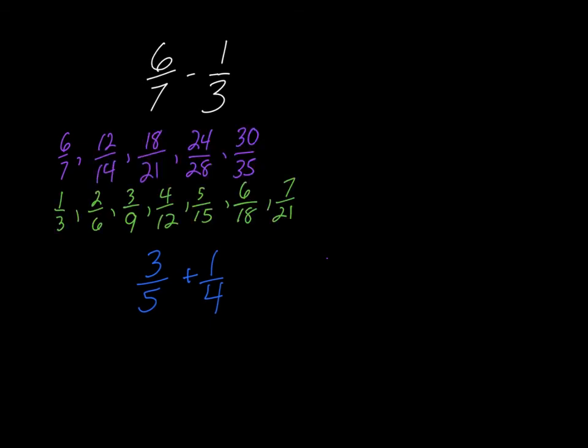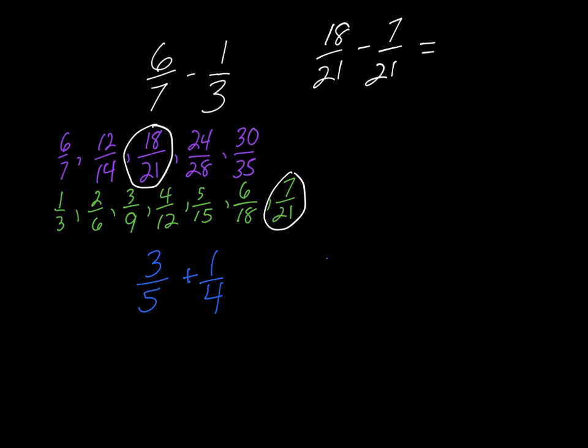I took the liberty to go ahead and finish my list, and you can see we finally got ourselves a common denominator with 18/21 minus 7/21. Now that our bottom numbers are the same, or we have common denominators, we can just subtract numerators. We get 11, bottom number stays the same, and our answer is 11/21.